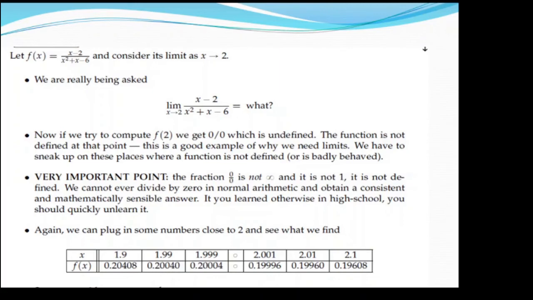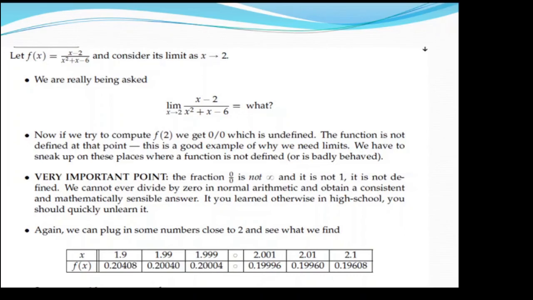So we plot a table where we obtain the function values at some points less than 2 and greater than 2. Look at this table: 2.001, 2.01, 2.1, like that, and here we have some values less than 2.